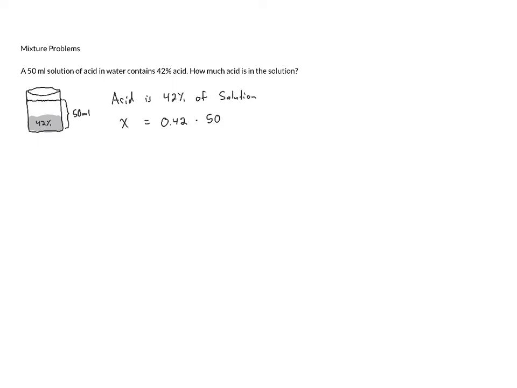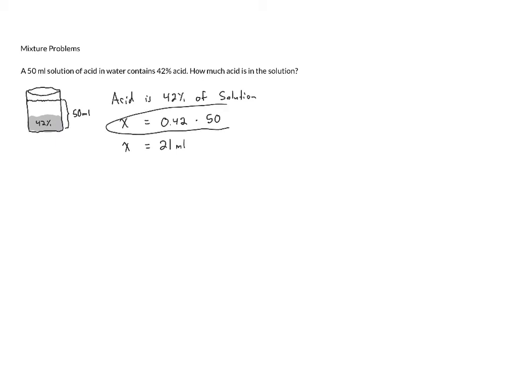So to figure out how much acid there is, we need to multiply 0.42 times 50, and when we do that, we end up with 21 milliliters. So how much acid is in the solution? 21 milliliters.